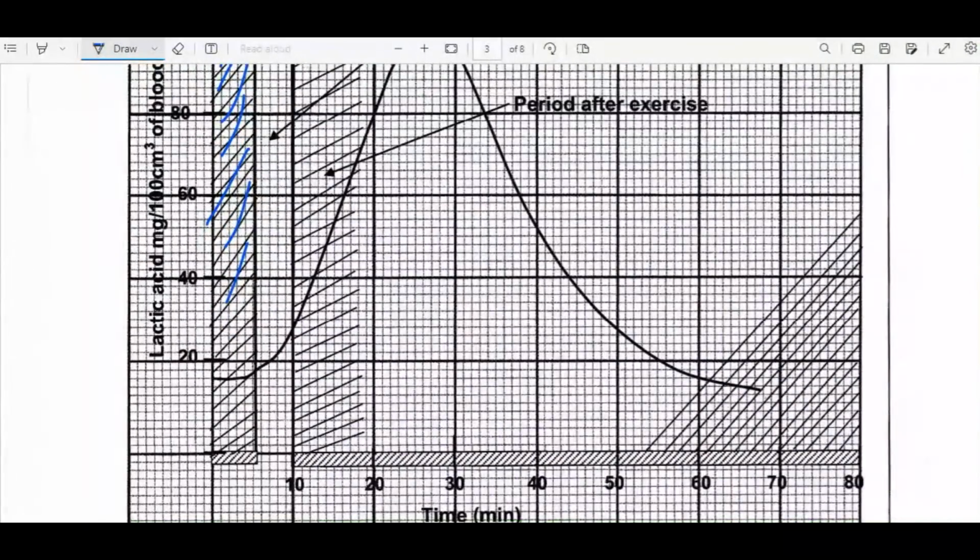So let's go down here. This line is what is indicating the level of lactic acid. Now the region before exercise is the one that I've shaded in blue. So we want to find the number at this point, because before the exercise this was the level. What is the number at this point? From here is 0, then here is 20.